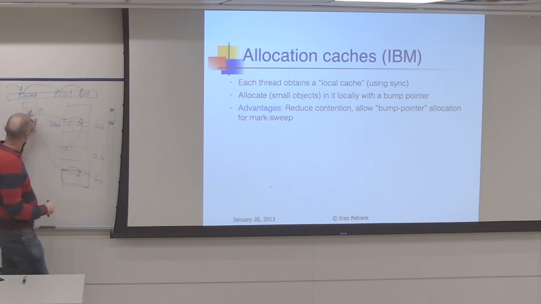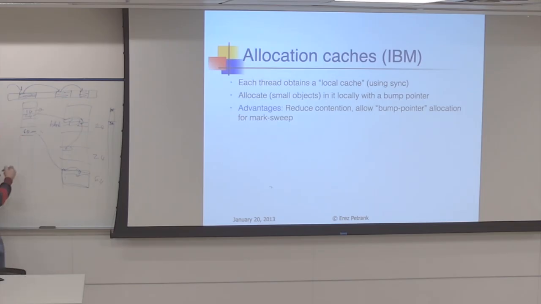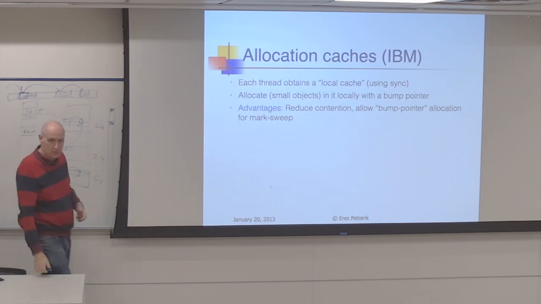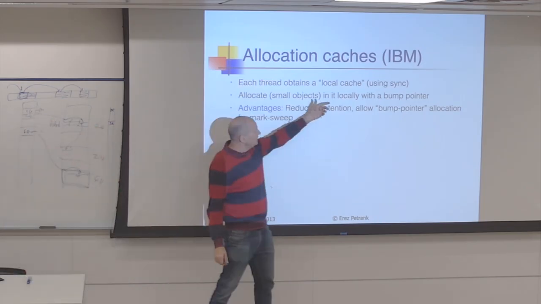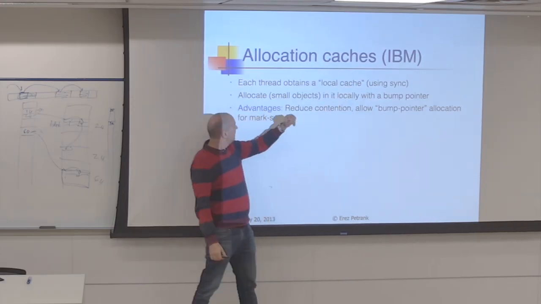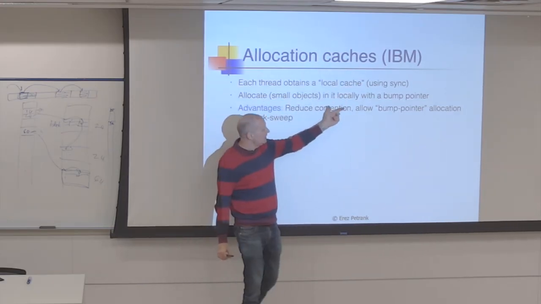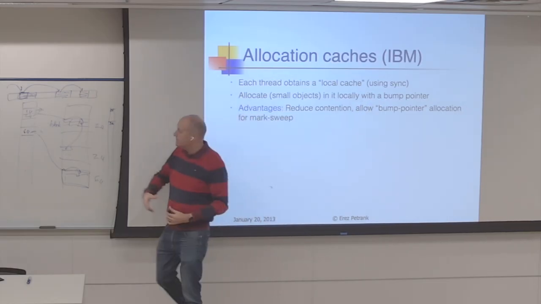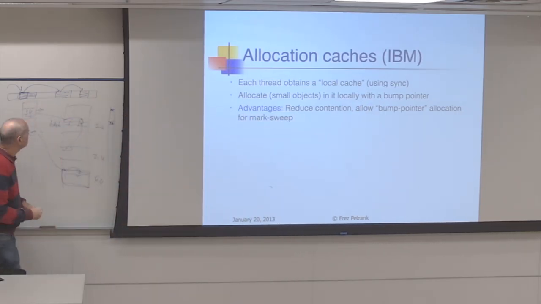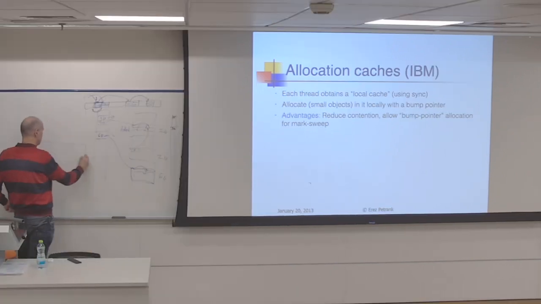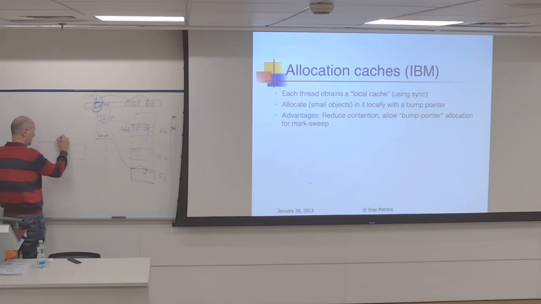So what you do is, when you want to allocate, you take a cache, like maybe some block of some size, and we'll talk about the sizes soon. And this will be your local cache for allocation. Then you allocate small objects locally inside this block. This is yours now, so you change the free list to start from here. So this could be some space, maybe 1K.